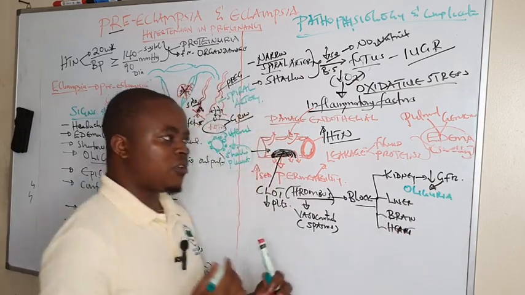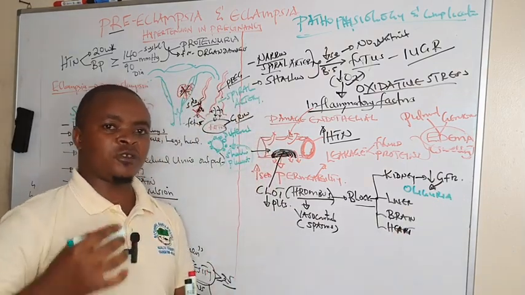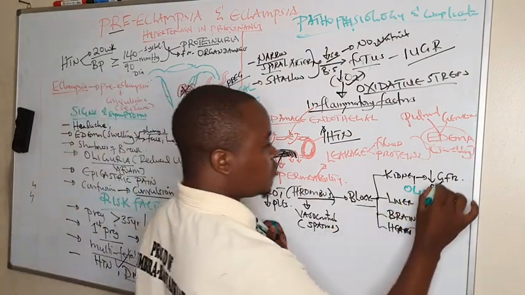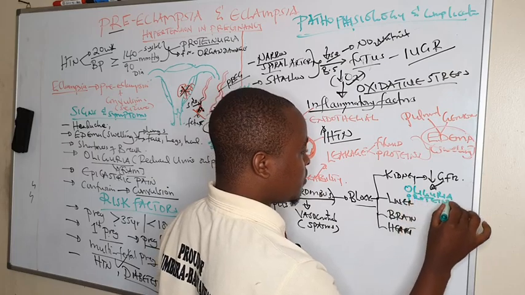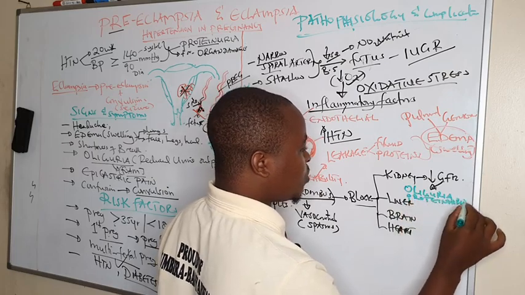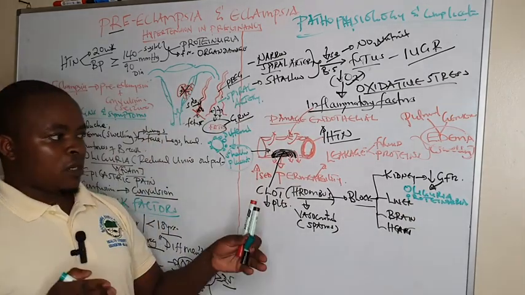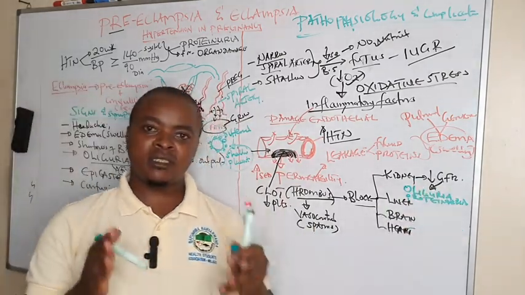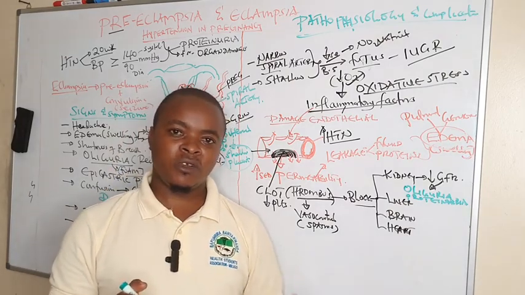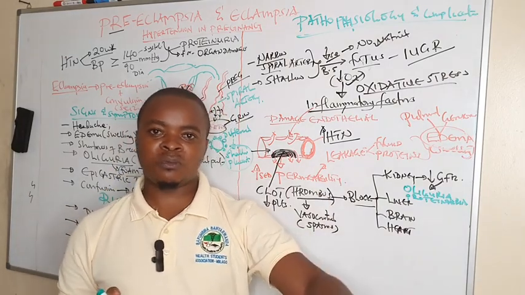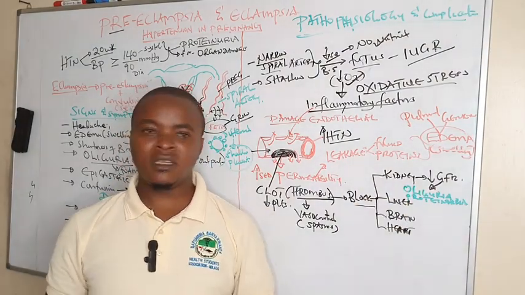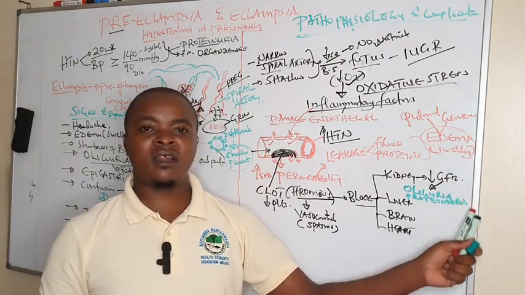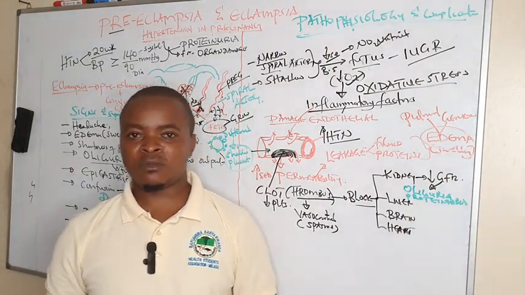And because of increased pressure, there is also leakage of proteins, which results in proteinuria. So proteinuria is accompanied by oliguria, that is decreased blood supply to the kidney, which leads to decreased urinary output. It is due to blockage of the blood supply to the kidney, leading to decreased GFR, leading to decreased urinary output.